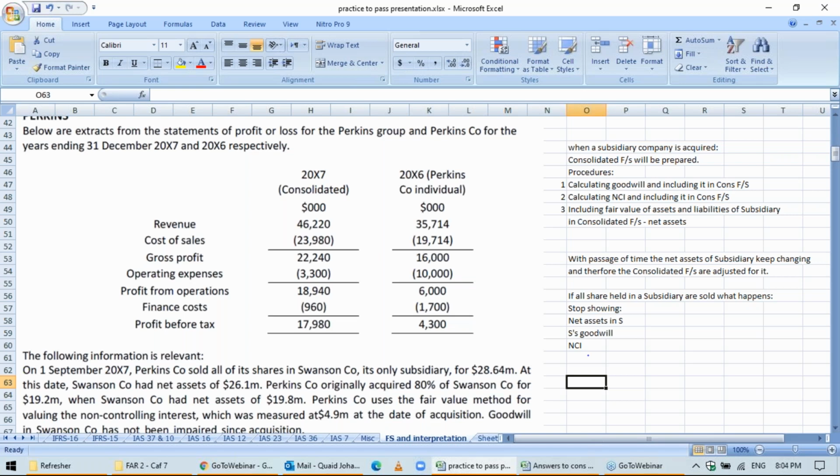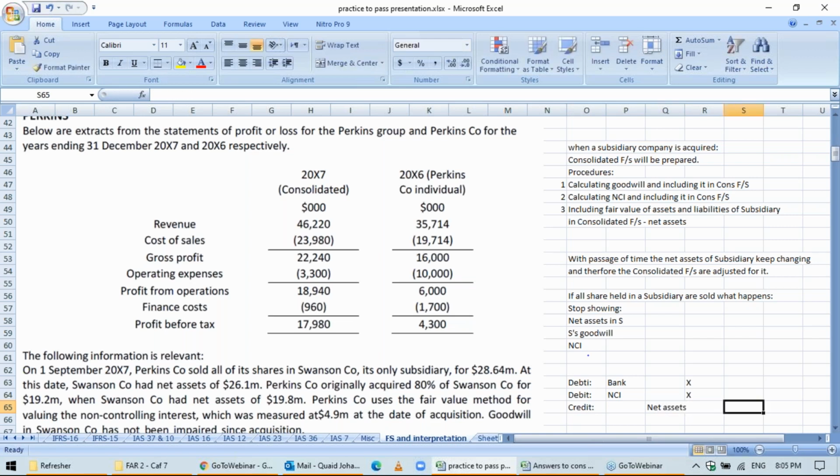So what happened? You will make an entry. When you sell a subsidiary, you will receive cash. So in the consolidated financial statements, bank will be debited. Then you will cease to show NCI, so you will debit the NCI as well. NCI is equity, so it's a credit balance. In order to remove it, you will debit the NCI. Then you will credit the net assets in subsidiary.